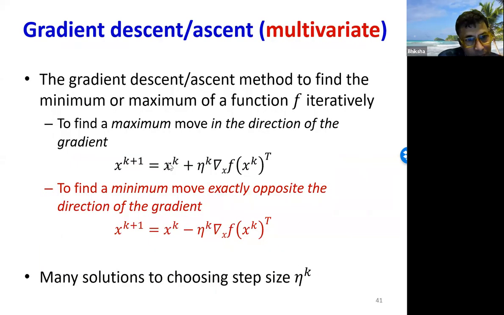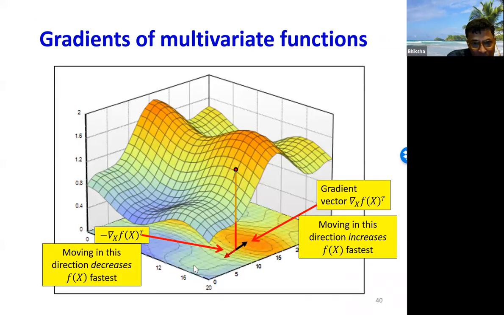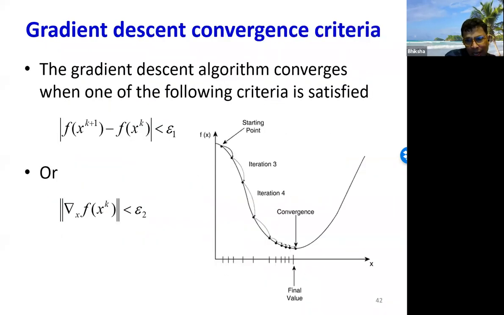If you want to find the maximum of a function, you're going to go in the direction of the gradient. If you want to minimize a function, you're going to go against the direction of the gradient. Because in our case we're trying to minimize the function, you are always walking down the gradient. So this approach is called gradient descent.